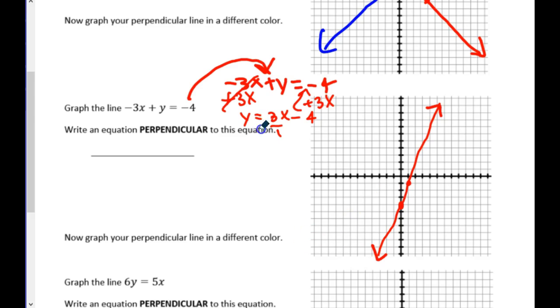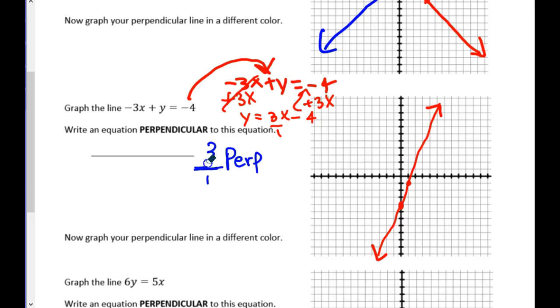All right, so that was our original equation. What we need to do now is write a perpendicular equation. So let's take what we know. The slope of our original equation is 3 over 1. What is perpendicular to 3 over 1? 3 over 1 is positive, so it becomes negative 1 over 3.